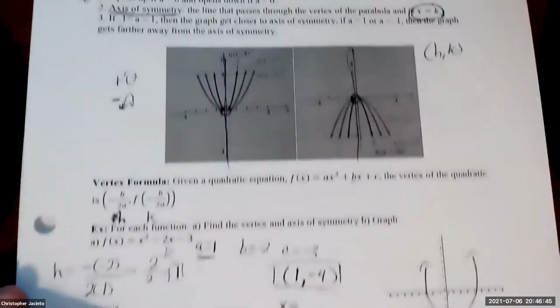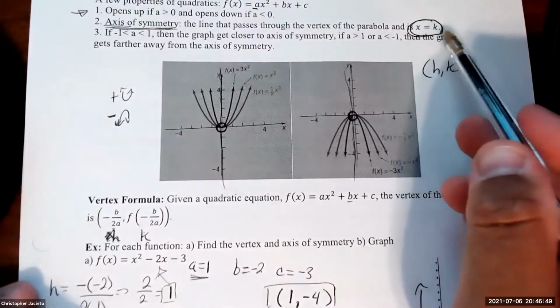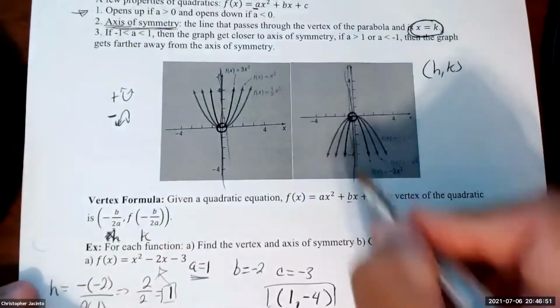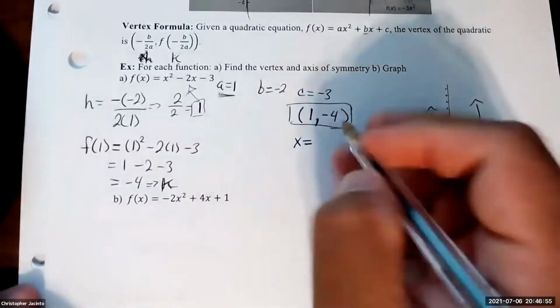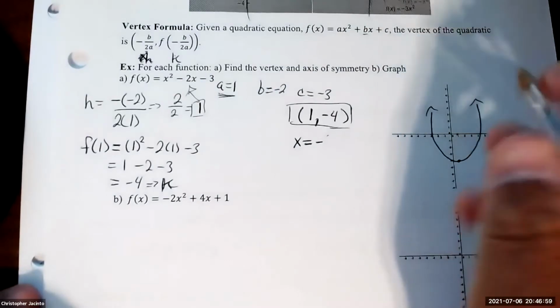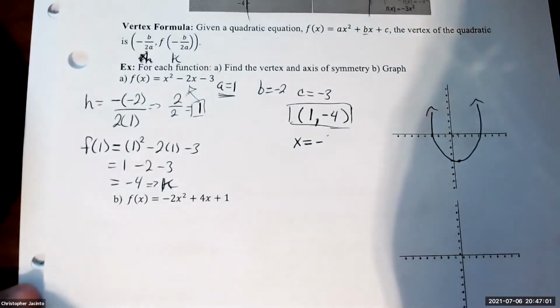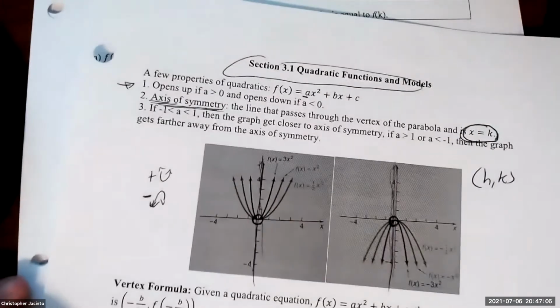So axis of symmetry is always x equals k, and you have to write it as that, right? X equals, it's a vertical line, right? So vertical lines are always x equals. So in this case, x equals... wait, x equals 1. Oh no, this is wrong.